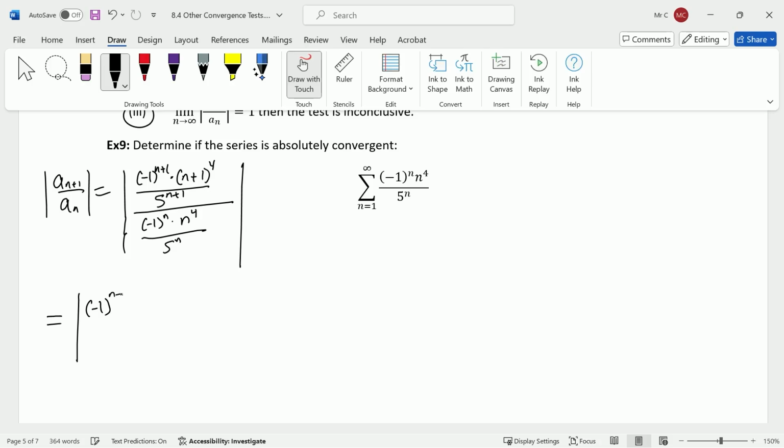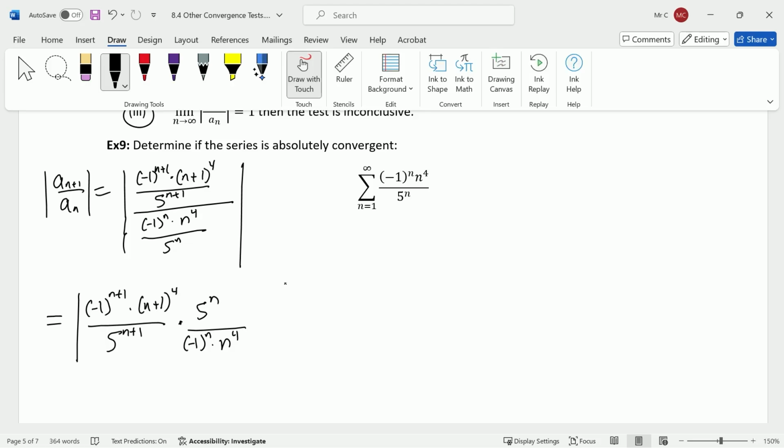We've got negative 1 to the n plus 1 times n plus 1 to the 4th over 5 to the n plus 1 power times 5 to the n power over negative 1 to the n power times n to the 4th power.